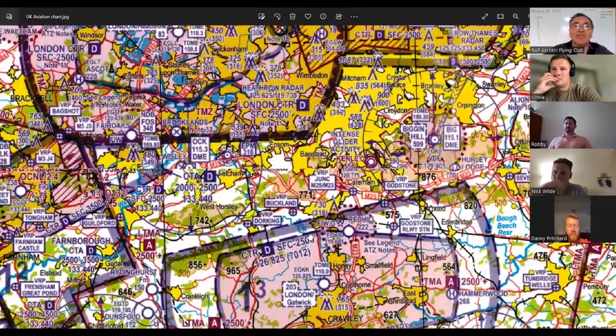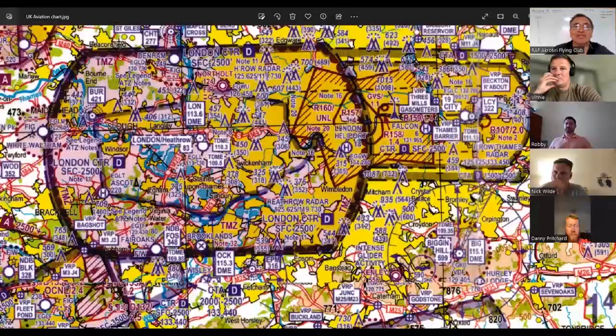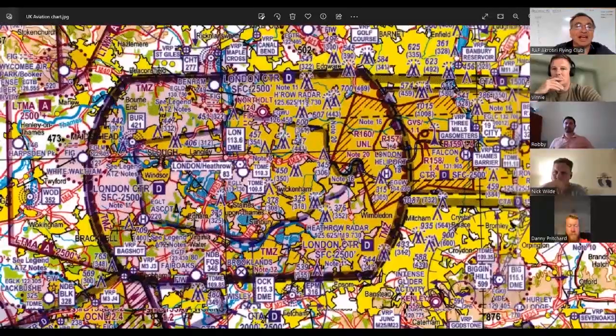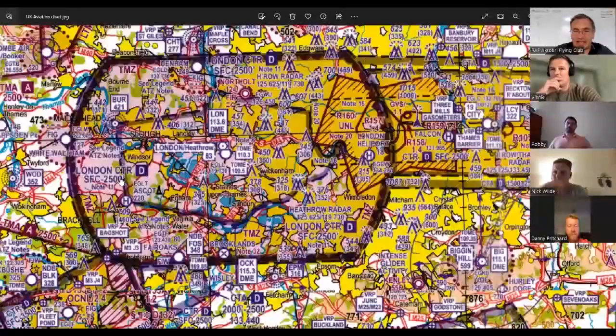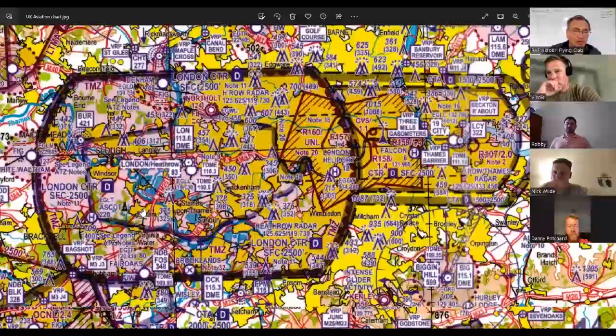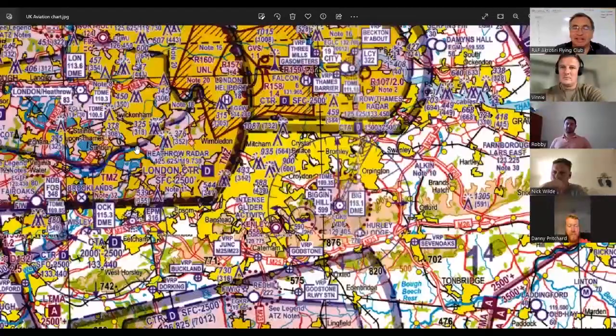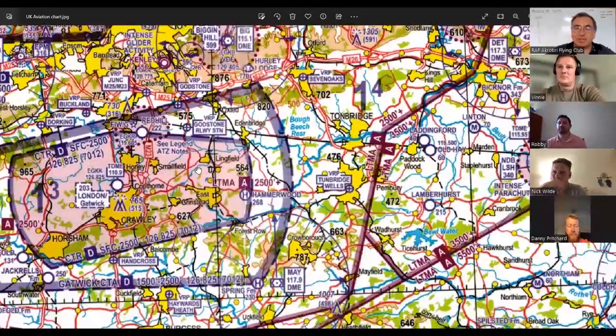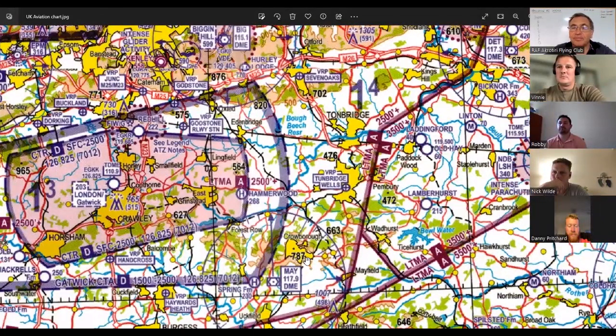Heathrow, of course, as you probably imagine, is out of bounds. It's not just out of bounds because it's all Class A airspace, but also because of all of the other things we don't discuss in the nav course. You've got the fly clear rule and all those other things in air law that we talked about, and it's not possible to maintain fly clear over the top of Heathrow.